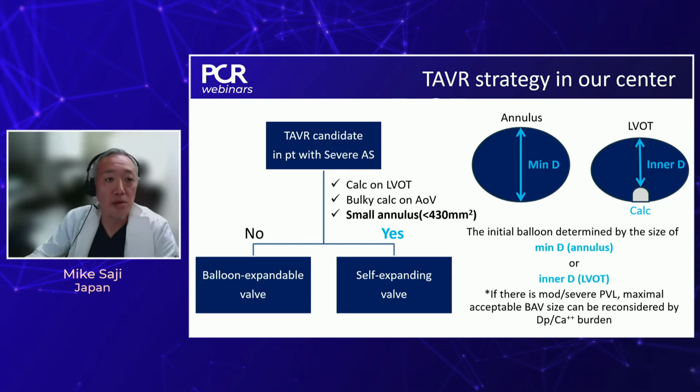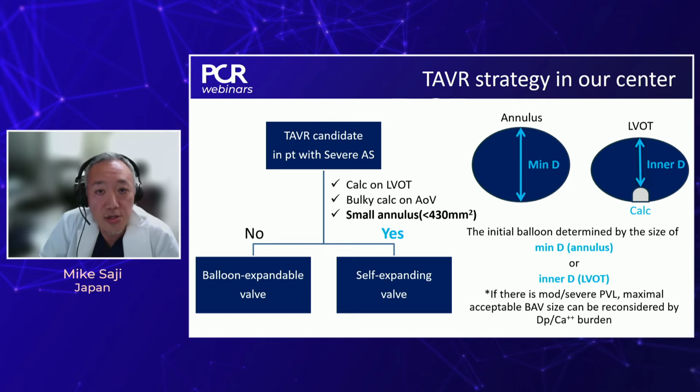And let me remind you of the standard TAVI strategy in our center. If you see severe stenosis patients, and if there's a calcification of the LVOT, and a bulky calcification of the aortic valve, or a small annulus, specifically less than 430 millimeter square, which I'll tell you in a moment, this physician tends to choose the self-expanding valve.